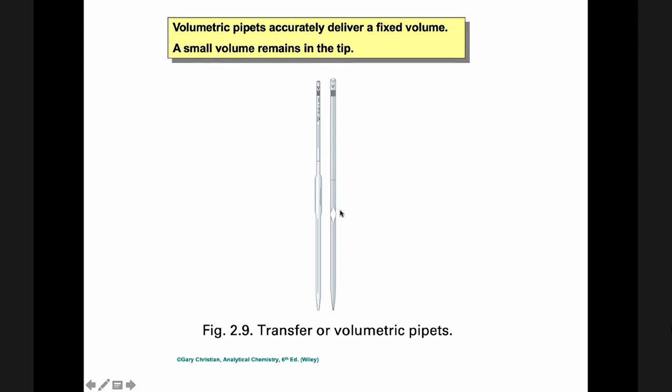Then you transfer it to the flask or whatever container you wanted it transferred to. There is a small volume of the liquid that remains in the tip, so you do not force or push it out, because the pipettes are calibrated with that small volume remaining in the tip.